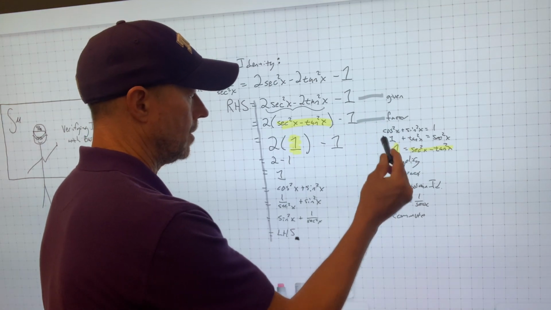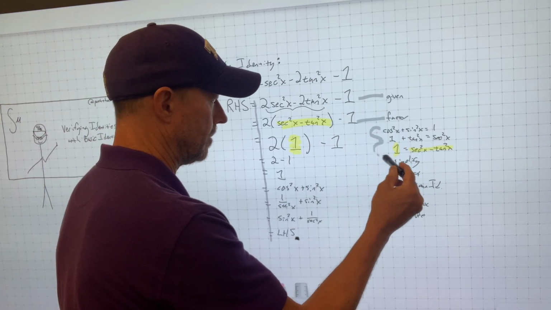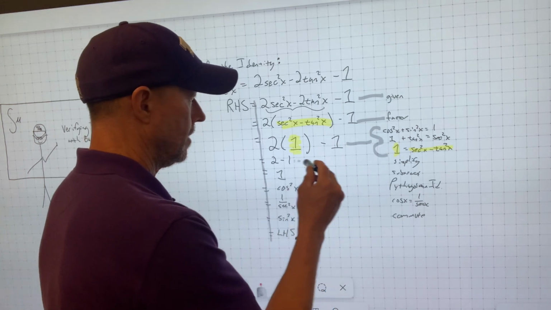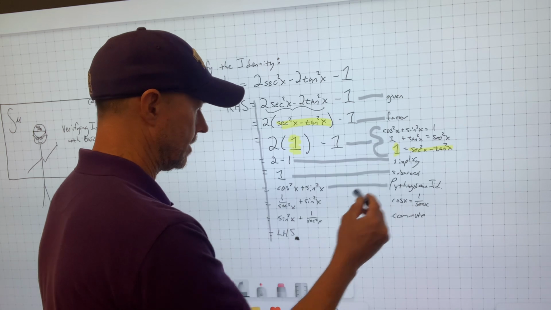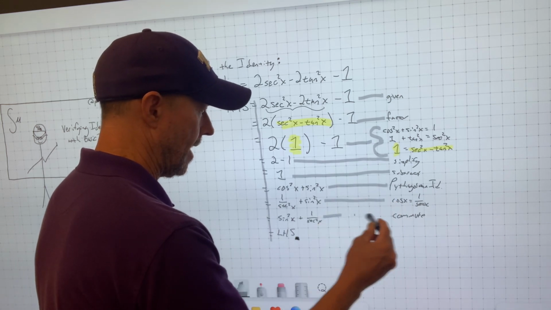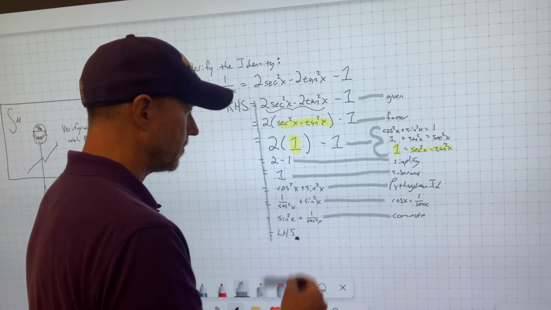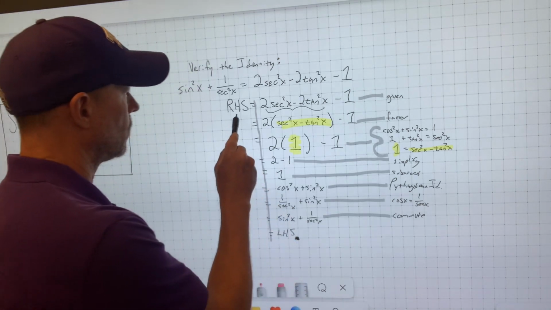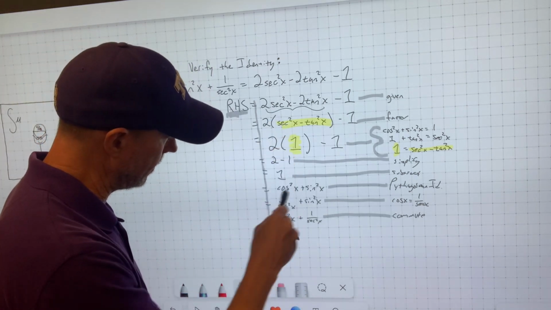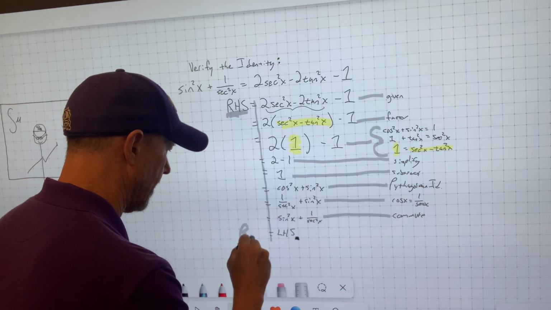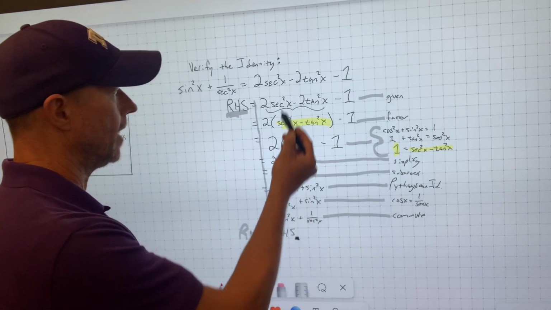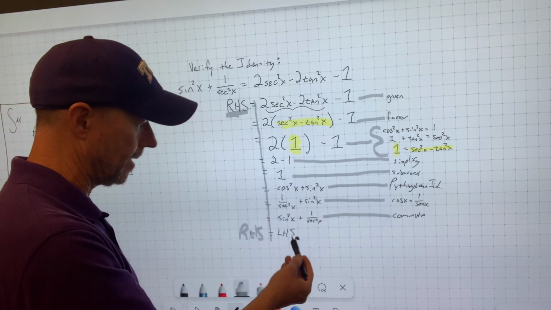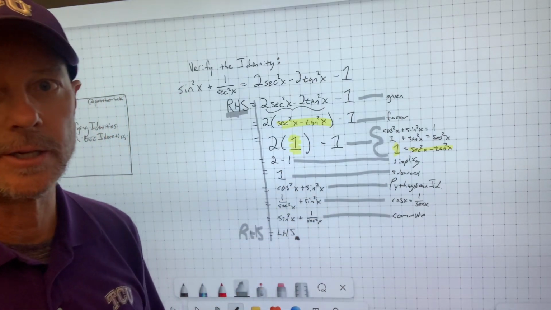Second step, looks like this was a big time justification for that. So third step, and then fourth step, fifth step, sixth step, seventh step, eighth step, and then we're done. And I start with the right-hand side, but this is still understood to be right-hand side over here equals the left-hand side. That means I'm done. When I start with the right-hand side and I end up with the left-hand side, or vice versa, I'm done.